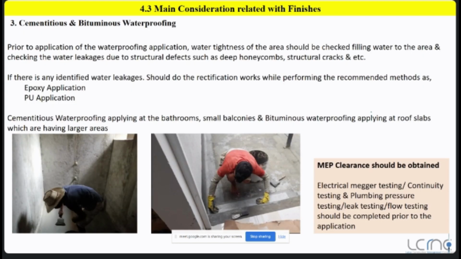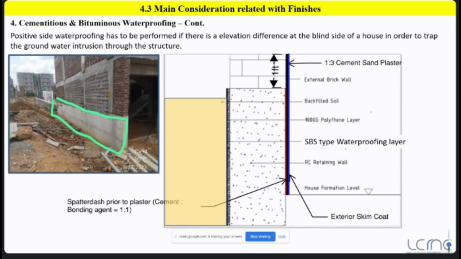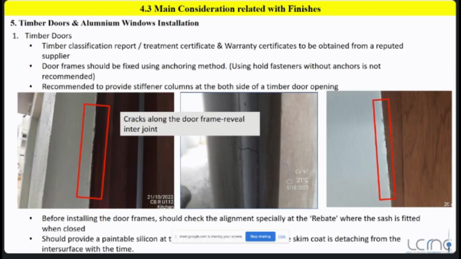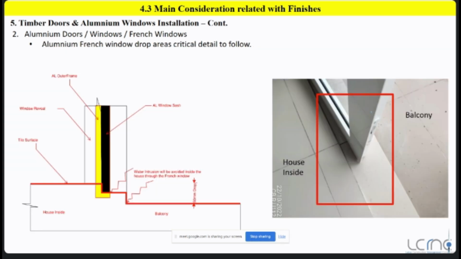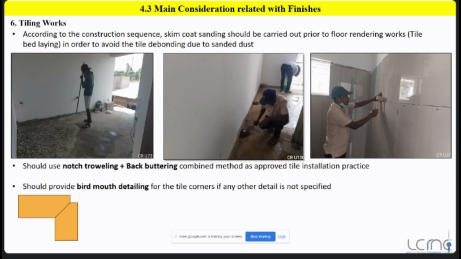And for the waterproofing, there are not many things. I have provided the guidelines for each and everything for the waterproofing. These are normally very straightforward things, so not much to cover. For the tiling also, I have given a separate guideline. You can just go through that.